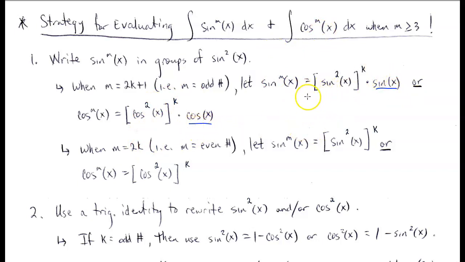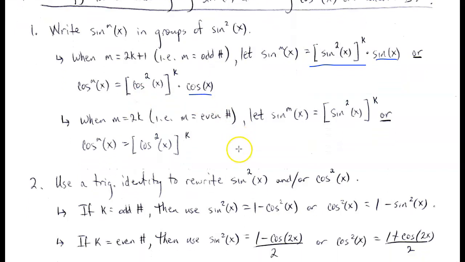Now, for this portion, we want to rewrite the rest of this as sine squared raised to some power, because we know that sine squared is the same as 1 minus cosine squared. And here we want to rewrite the rest of this as cosine squared raised to some power, because we know cosine squared is the same as 1 minus sine squared. Okay.